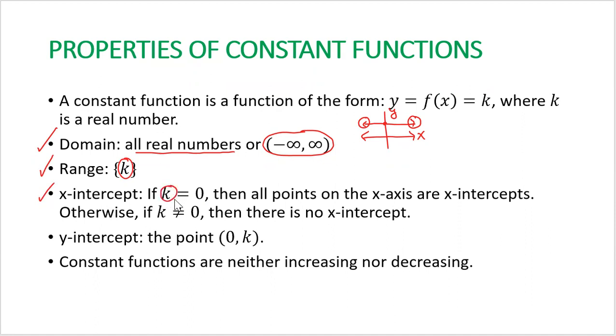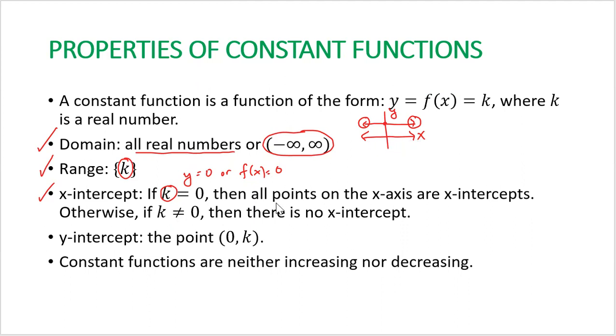Now, if our constant function is y equals 0 or f of x is equal to 0, that means k equals 0. So the graph of the function is a horizontal line that is overlapping with the x-axis.